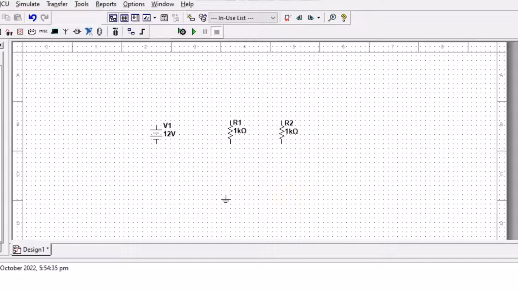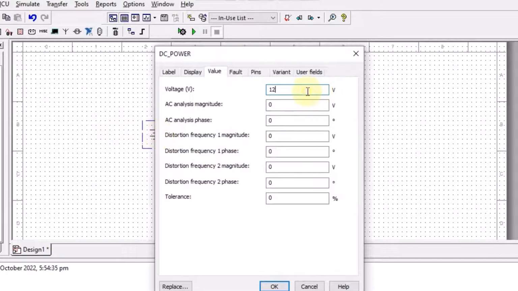Okay, after it, let me connect the multimeter here. The first multimeter here, second multimeter here, in order to observe the currents which are flowing through here. So again rotating it, Control R, clicking over it, and Control R here as well. Now this one, double clicking over it, let me have 10 volts here.